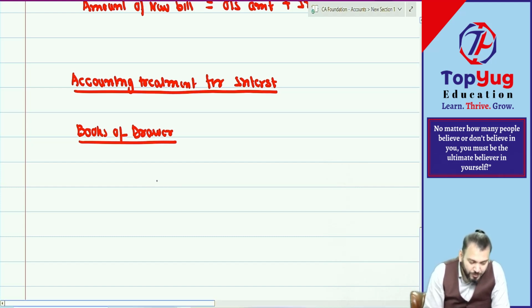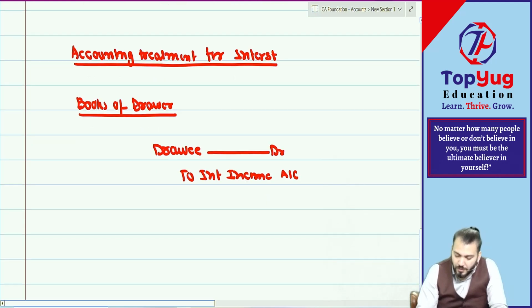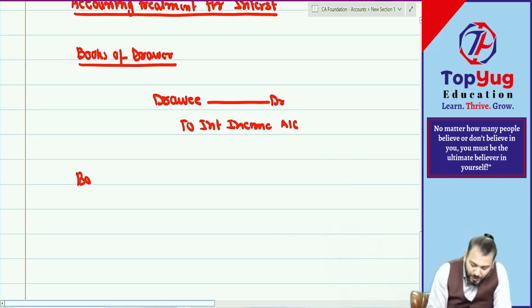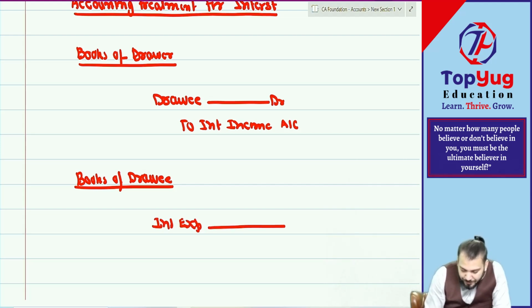It is recoverable from whom? Drawee. Drawee account debit to what? Interest income. Correct. And what is the journal entry in the books of the drawee? Interest income or expense? It will become interest expense in the books of the drawee, to what? Drawer.